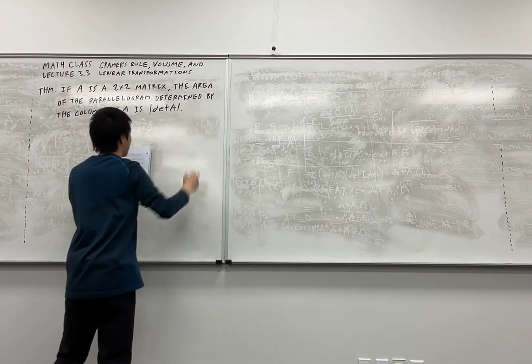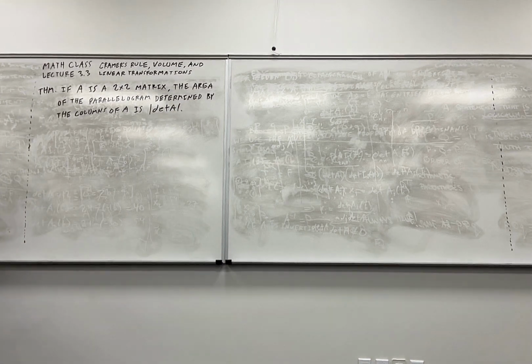The reason it's absolute value is because there's no such thing as a negative area. That doesn't make sense, so we want to make sure it's actually positive.